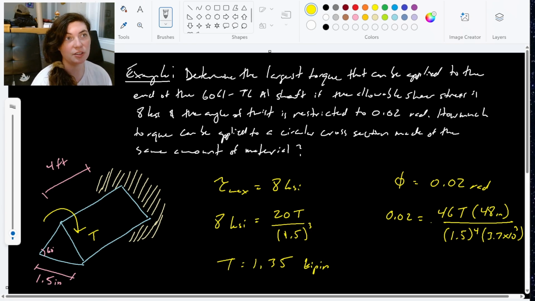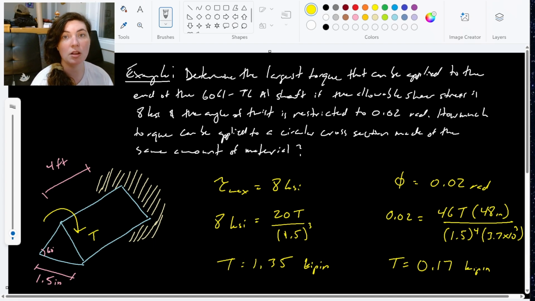Again, I've got all the ingredients. All I need to do is plug and chug in my calculator. So I put everything in and I get 0.17 kip inches.